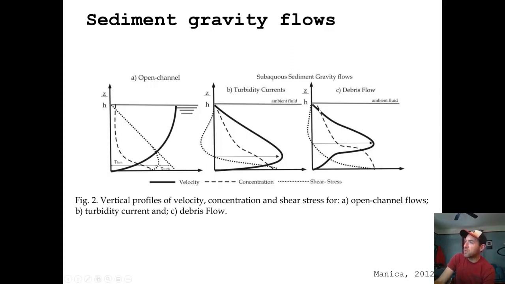And then finally, when you get to debris flows, you end up with a relatively coherent core of the debris flow, where you have a relatively high amount of shear down here at the bottom, and you might get lofting, and you might get that hydroplaning occurring.